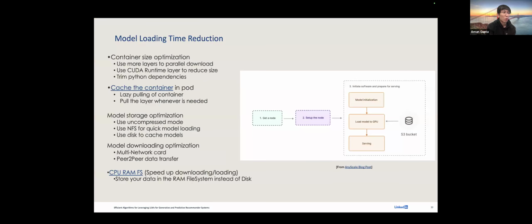So let's move to the first practical bottleneck, which is model loading. One of the major hidden bottlenecks in deploying large language models is model loading time. These models can easily reach hundreds of gigabytes in size.